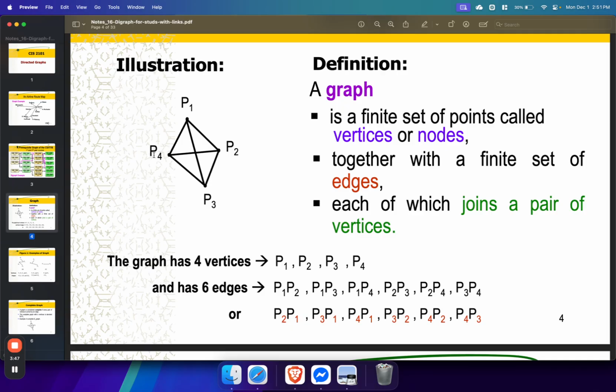Now you'll notice I didn't say a line from P3 to P1 and P3 to P2 anymore, because technically they are already there. You can just rearrange the order by which you represent the edge. So P1 to P2 is just the same as P2 to P1 in a graph.